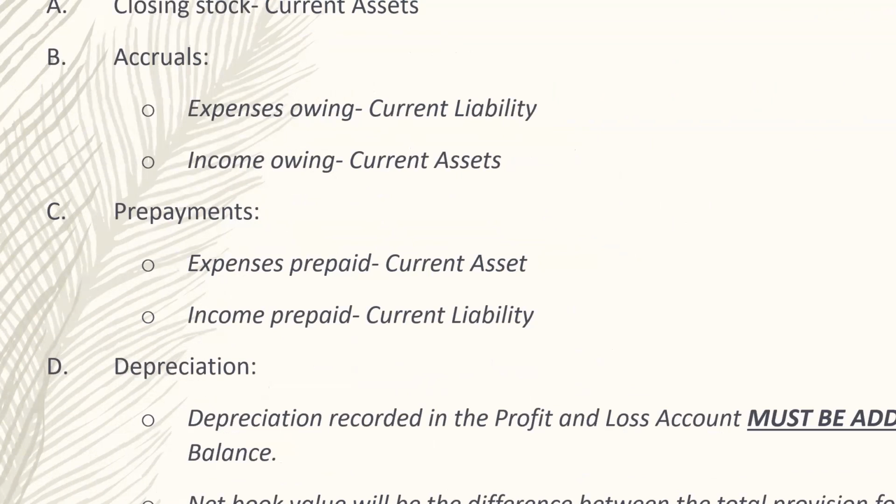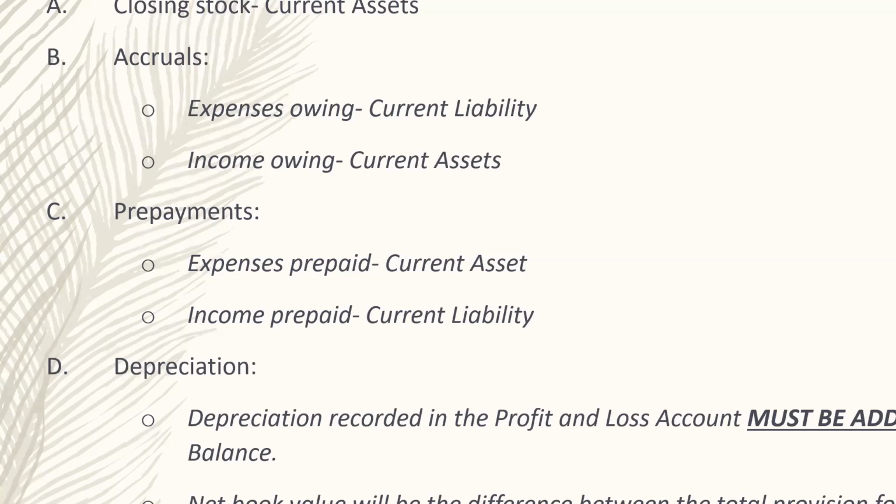Accruals, of which we have two types, means owing. Just remember that. Accruals means owing. But we have two types of owing. We have expenses owing and income owing. If expenses are owing in a business, it is a current liability.